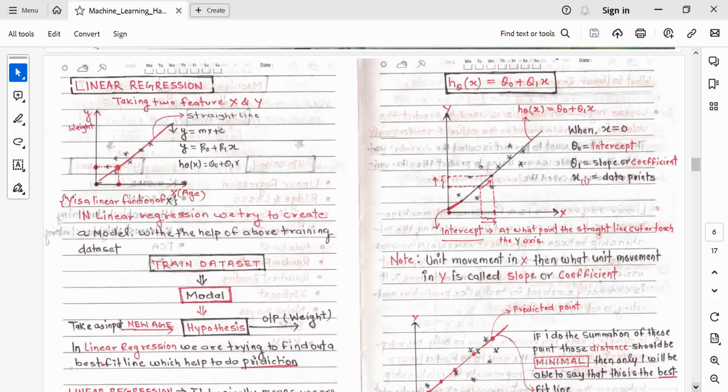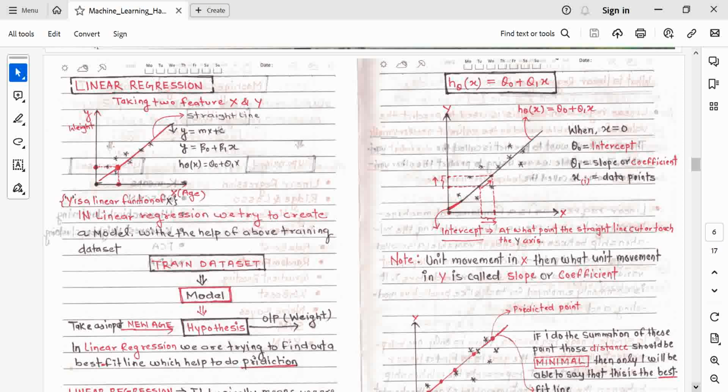In linear regression, we try to create a model with the help of the above training dataset. Dataset means we are given some data, like weight and age here, and according to this data we have to predict the line, the predicted value, which will have the minimal sum of residual values. You have to understand it.